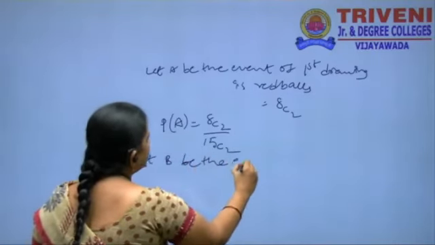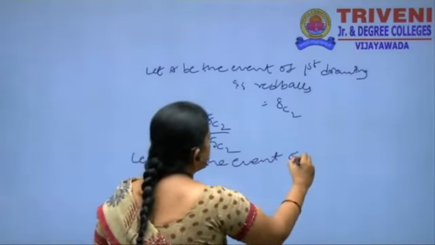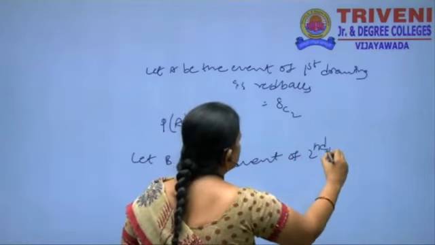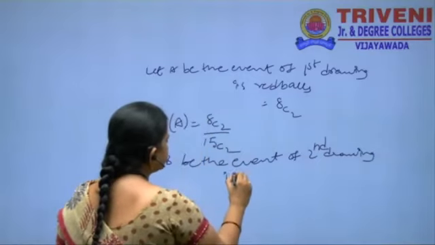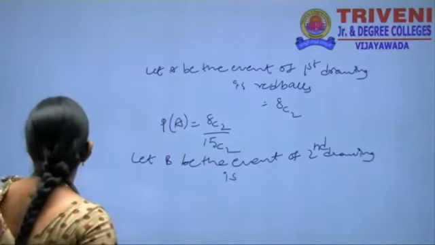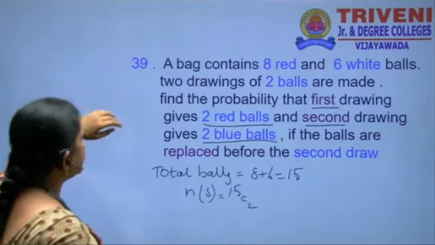And let B be the event that the second drawing is, what is the second color? First one is red, another one is white.